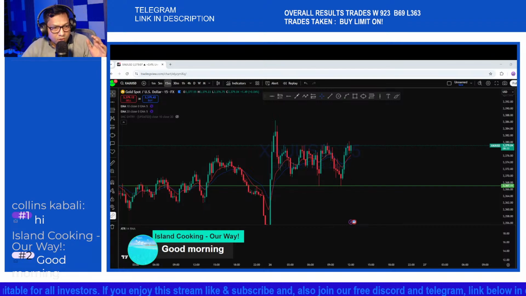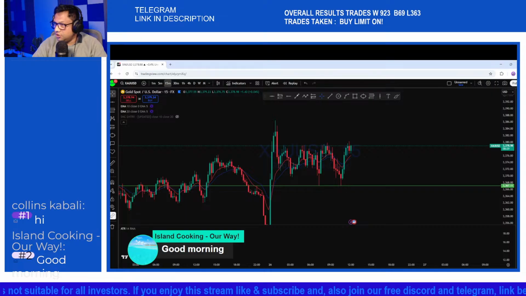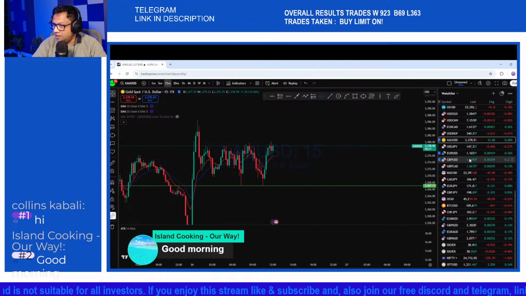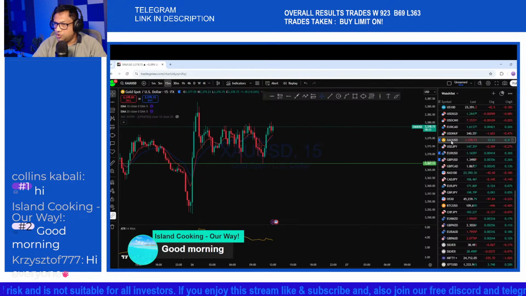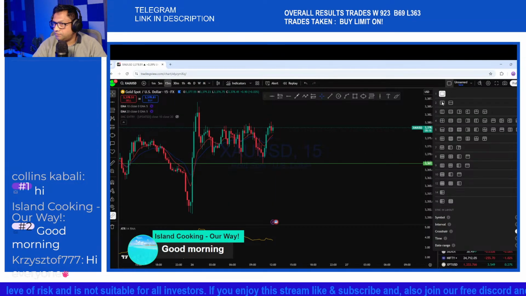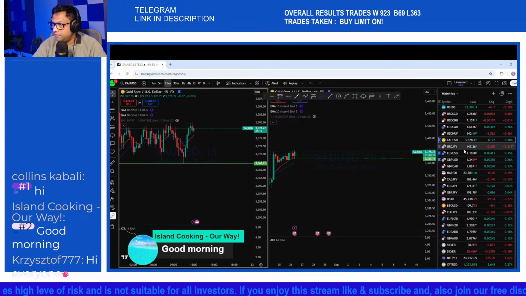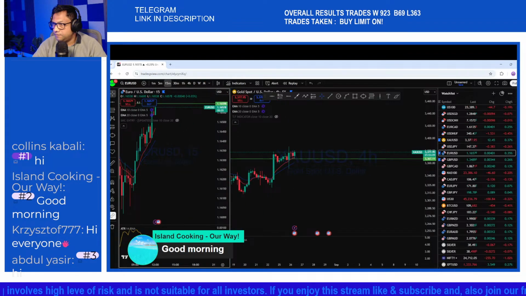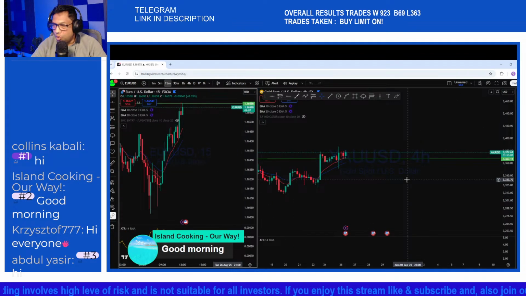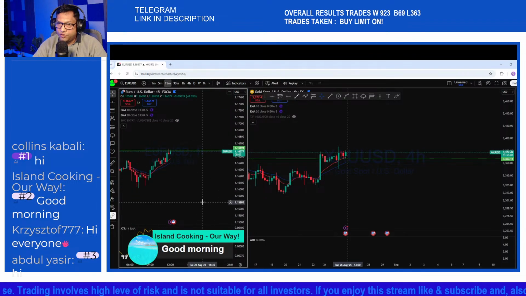So, what instrument will you be looking at first? We had a few shortlisted early. I have shortlisted euro dollar and gold. So, let's keep both of them on the list. Will you be looking at euro dollar first or gold first?